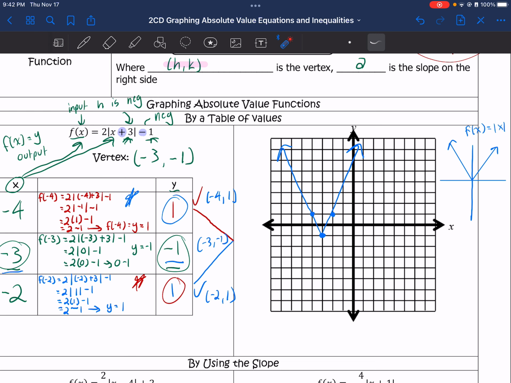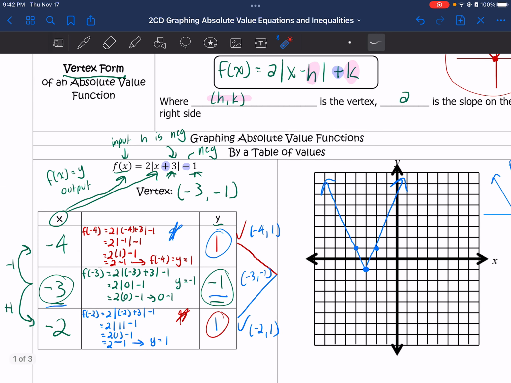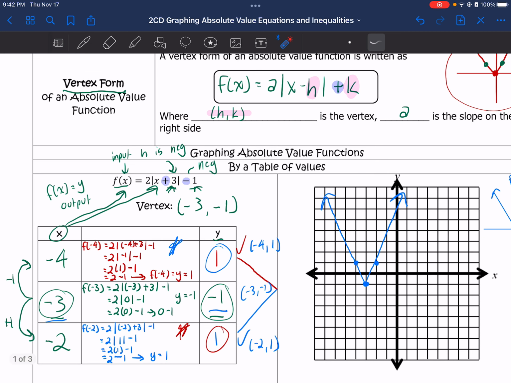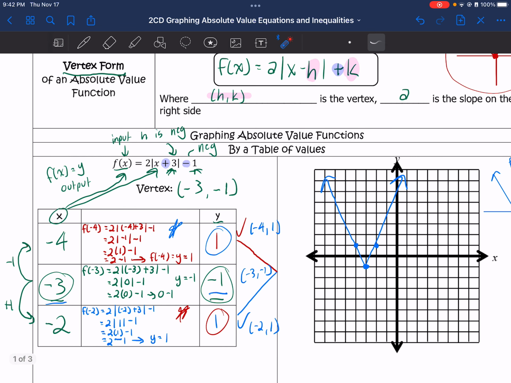Well, to make a long story short, the reason why our absolute value graph is going into the negative direction is not because of our absolute value. It is because of the integers or the slope and the y-intercept or the y of our vertex.